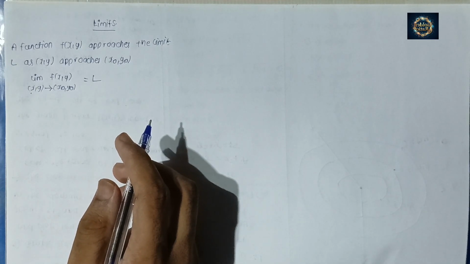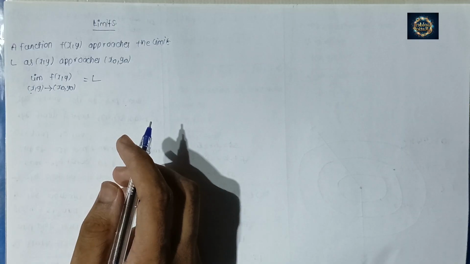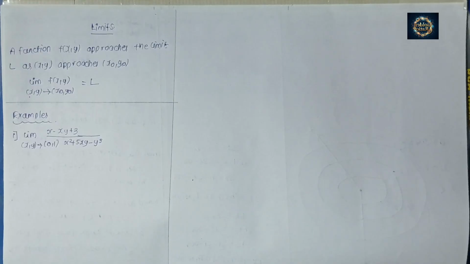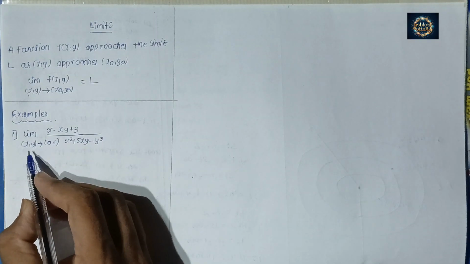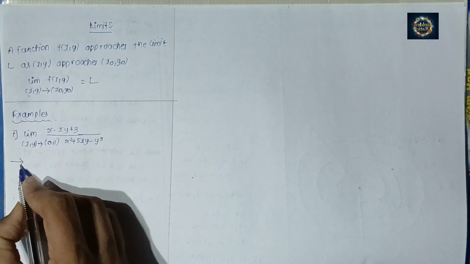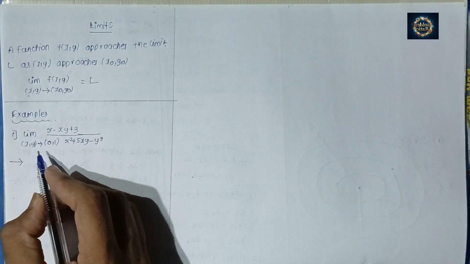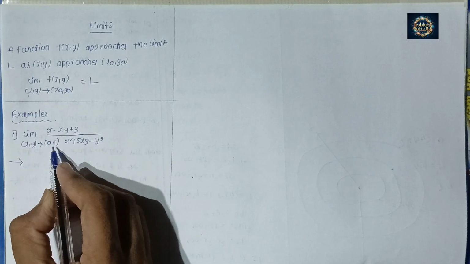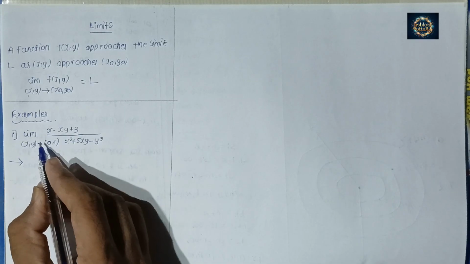Here we have some simple limit problems, so we will solve them one by one. This is one example problem which can be asked in the exam. There is nothing to it; we need to replace x and y with 0 comma 1. Let us substitute and write the solution. Once we substitute the value of the limit, we should not write the notation lim.